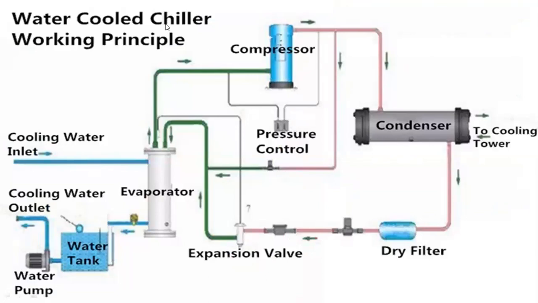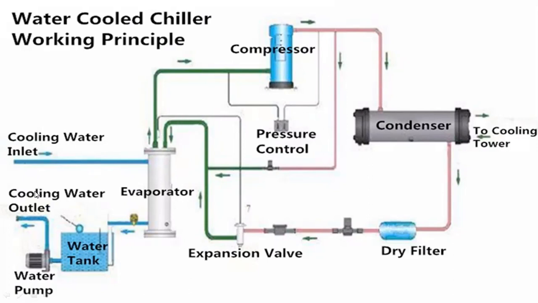Again, here is the water-cooled chiller working principle in a diagrammatic representation. A typical compressor may look like this, and a condenser is a heat exchanger, then the refrigerant goes through a simple expansion valve and then the evaporator. You have a pressure control at the expansion valve, and you are sensing the pressure across the compressor and across the evaporator.